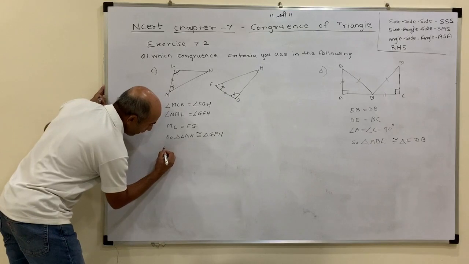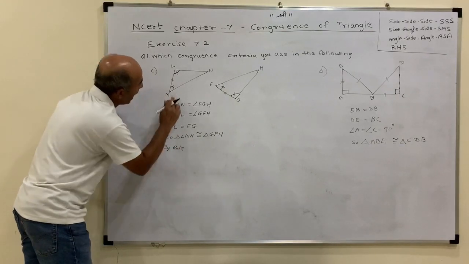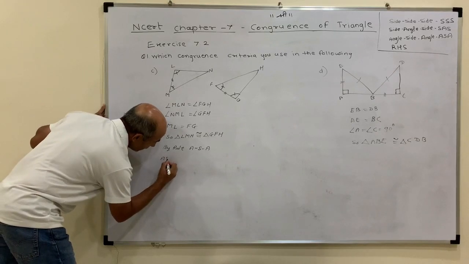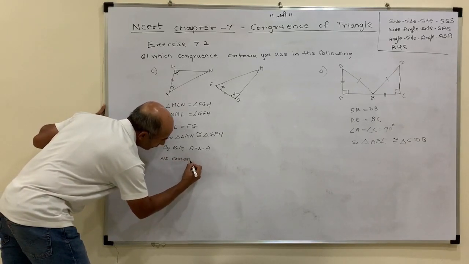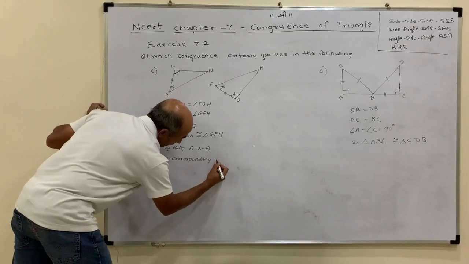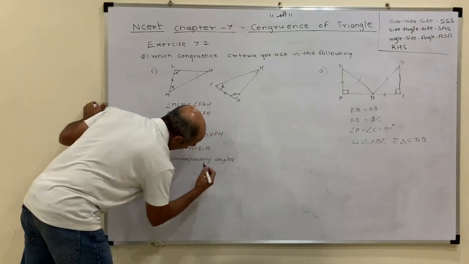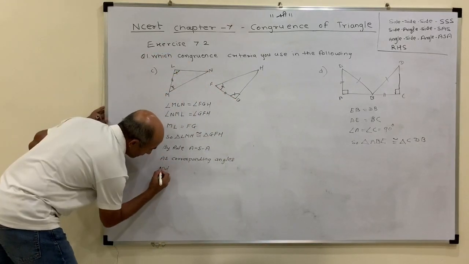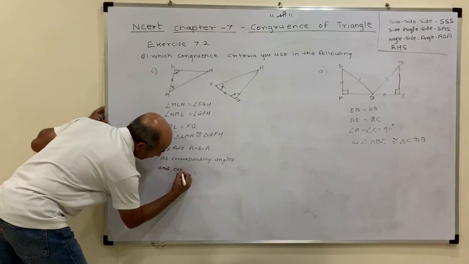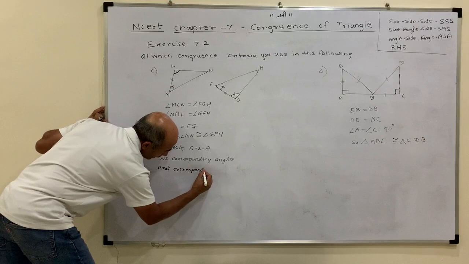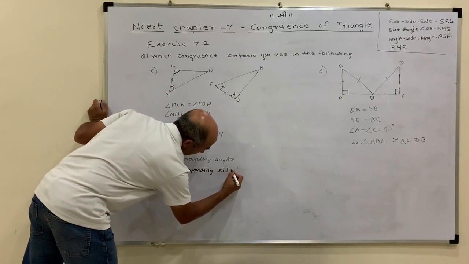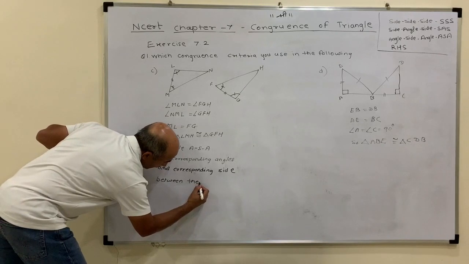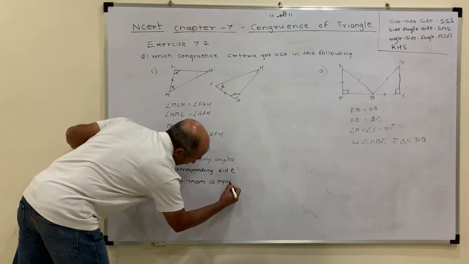So now we say by rule angle, side, angle, as corresponding angles and the corresponding side between them are equal.